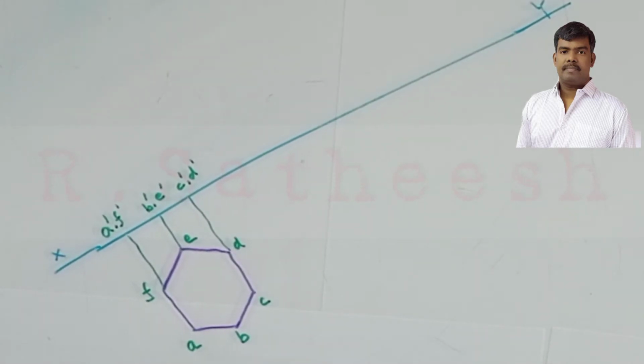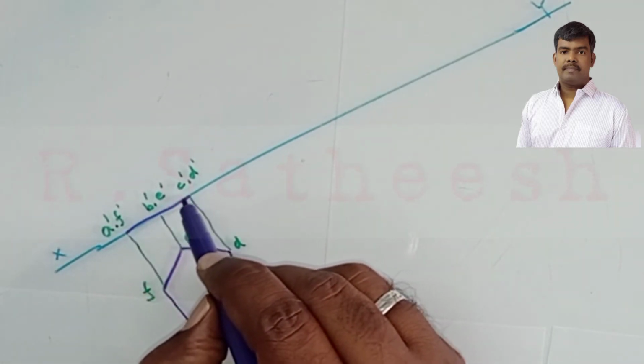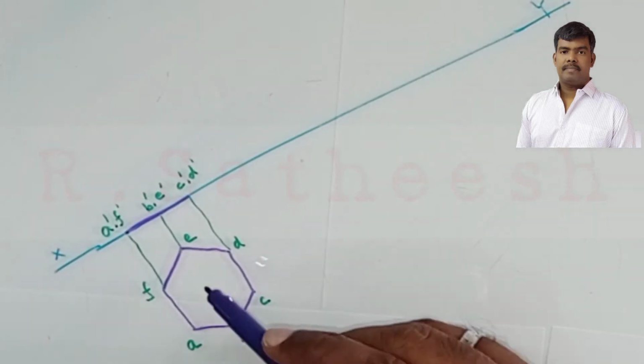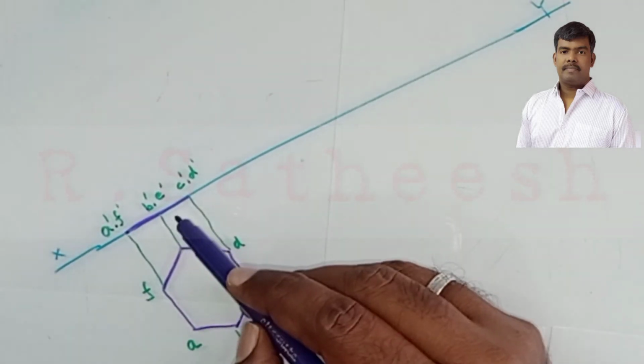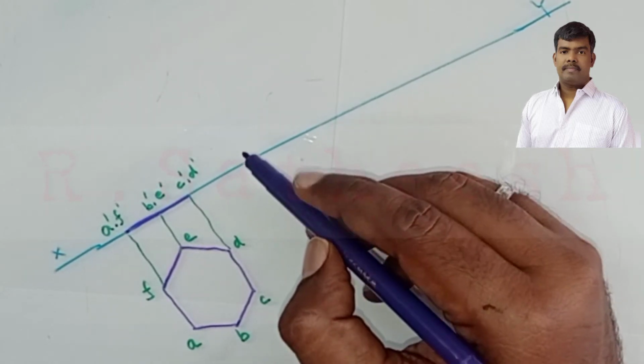So this is the front view before inclined to HP. First the top view, then the front view.